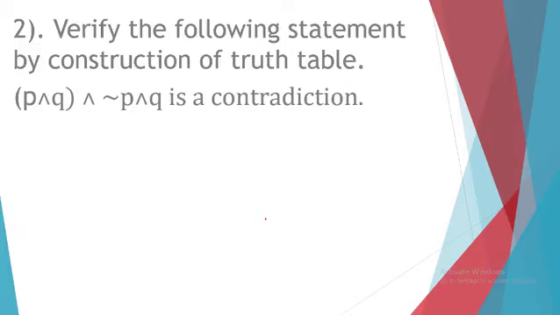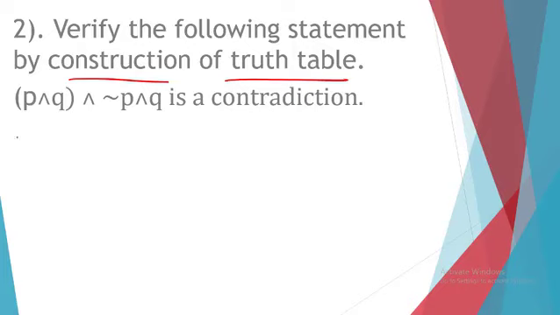Let's now look at the contradiction table. Verify the following statement by construction of truth table: P and Q, and negation of P and Q is a contradiction, otherwise read as P intersection Q intersection negation of P intersection Q is a contradiction.